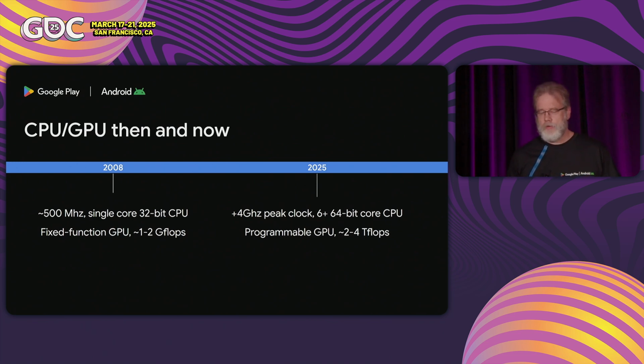On the CPU side, we've gone from a single 32-bit core running at around 500 megahertz to 6 to 8 64-bit core types with a mixture of big, little, and medium cores, some of which can peak at over 4 gigahertz. And on the GPU side, the difference is, if anything, even more dramatic, going from a limited fixed-function GPU to a programmable GPU with multiple execution units that are capable of performing something on the order of 1,000 to 2,000 times more mathematical calculations per second than that first Android device.